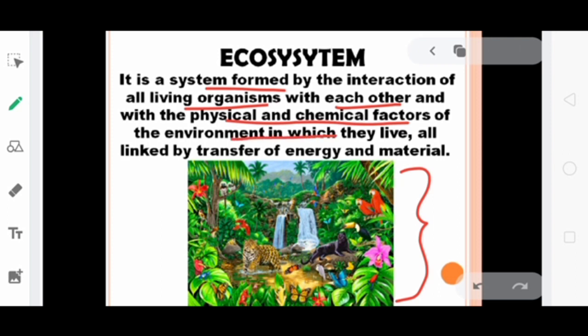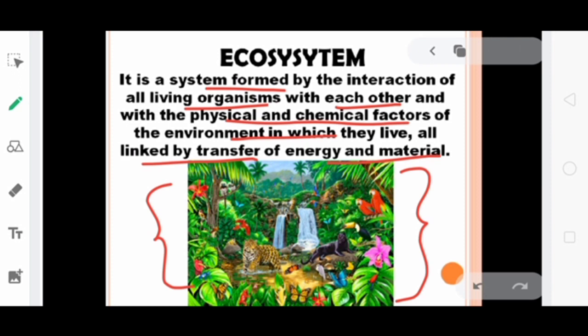So whether it be a living thing or a non-living thing, they interact with each other or they support each other. They are linked by the transfer of energy and material. All plants, animals and human beings depend on their immediate surroundings. They are also interdependent on each other.